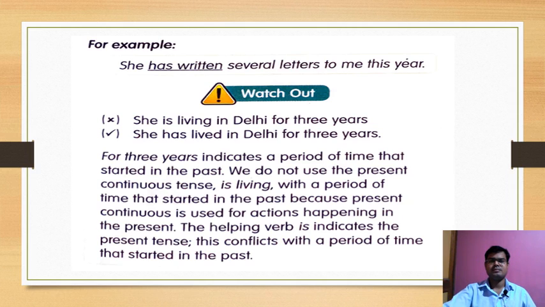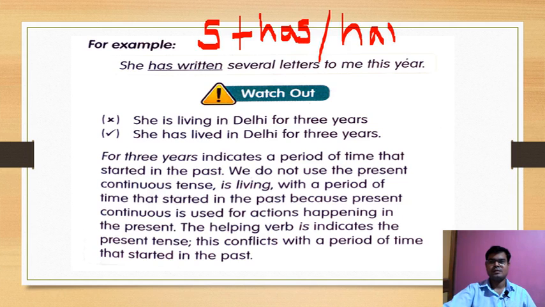In present perfect tense, first we should have the subject, after that has or have, after that V3, the verb's third form, and at the last there would be an object.